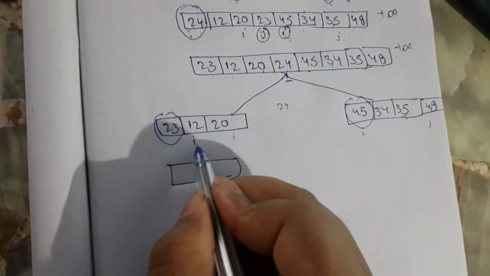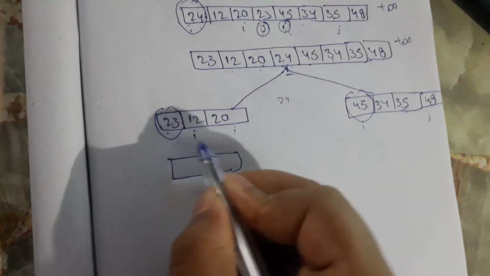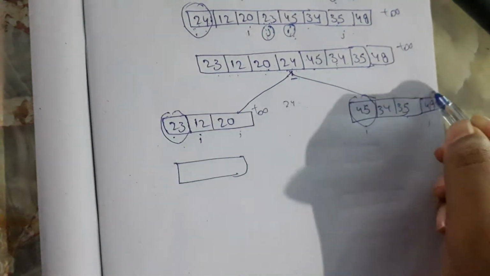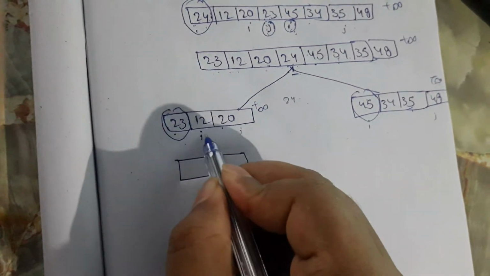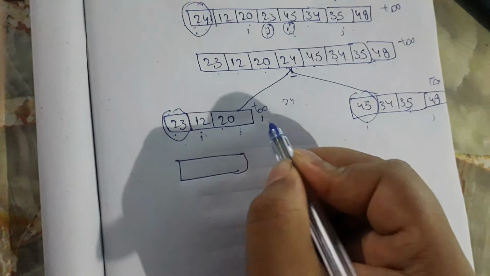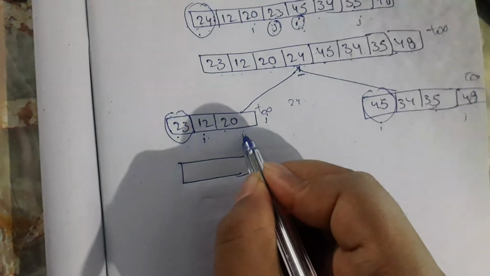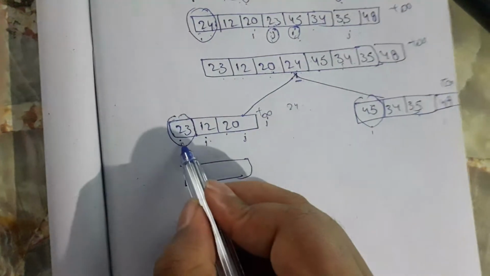Is 12 greater than 23? No. 20, no. Sorry, infinity here. 20 also no, and then I comes to infinity and it will stop here. I value is infinity, and start J. Is it less than 23?